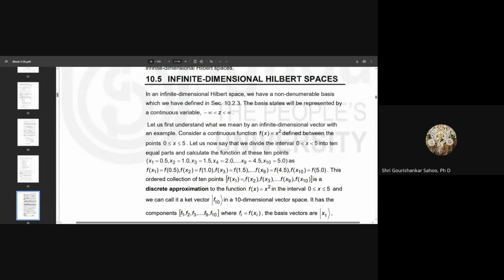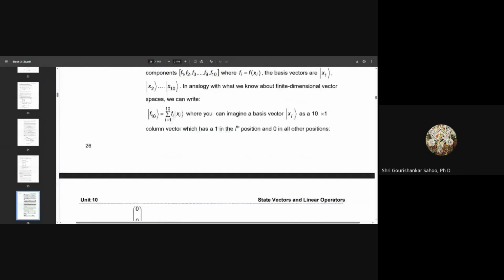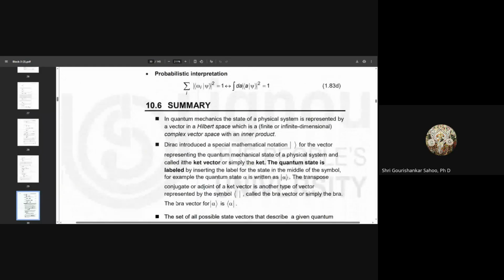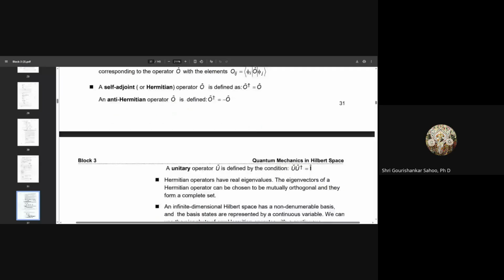Then in infinite dimensional Hilbert space, we have a non-denumerable basis, which we have defined earlier. The basis states will be represented by a continuous variable, minus infinity smaller than z smaller than infinity.